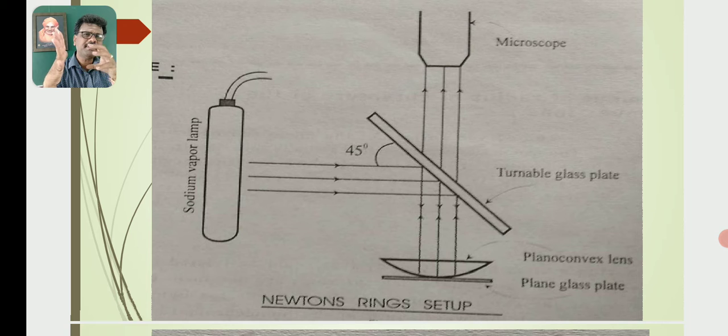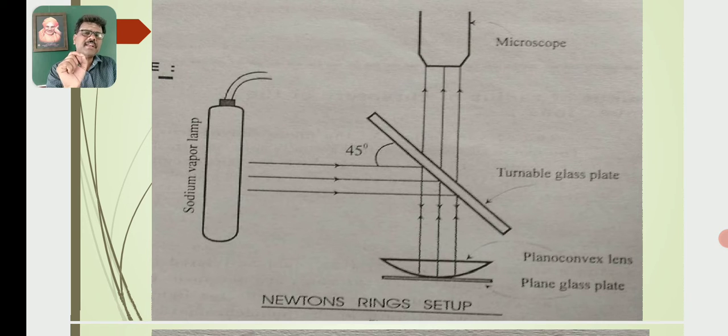The diverging beam of light from the sodium vapor lamp is made incident on the convex lens. Then we get a parallel beam of light.